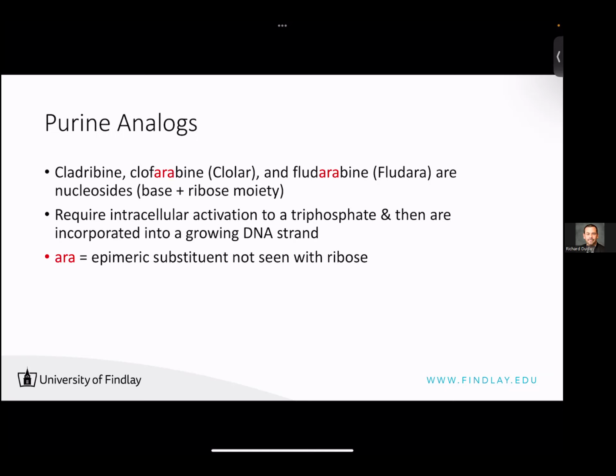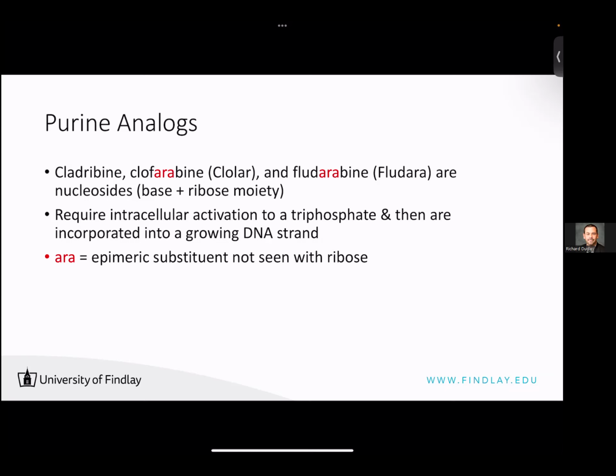Now, the purine analogs, of which there again is no shortage, include drugs like cladribine, clofarabine, and then fludarabine. And what you'll notice is that these particular agents are represented by a purine base, and then they also have a unique sugar moiety attached to them.